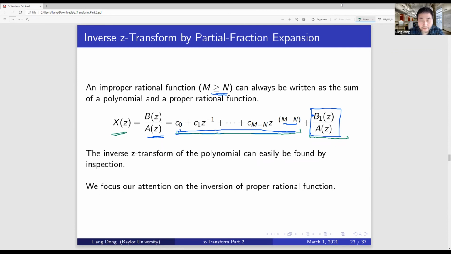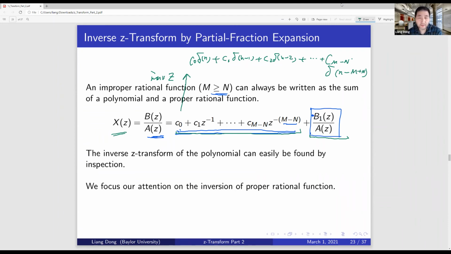If I want to do the inverse Z transform of the first term, let me write it out here. What we will have is C0 delta[n] plus C1 delta[n-1] plus C2 delta[n-2] all the way to C_{m-n} delta[n-(m-n)].